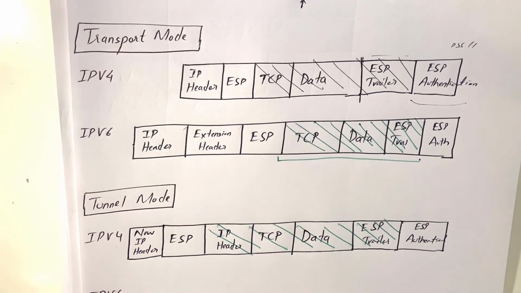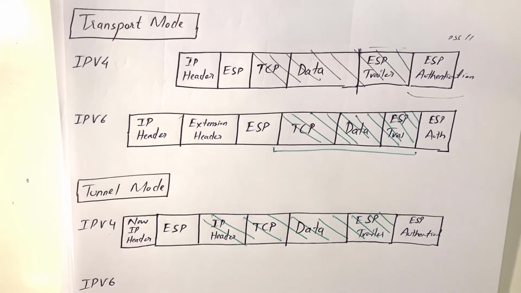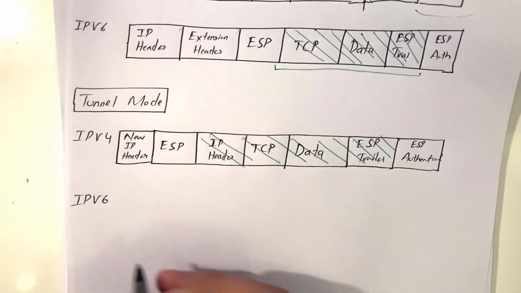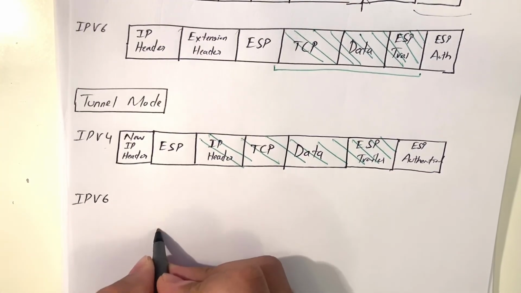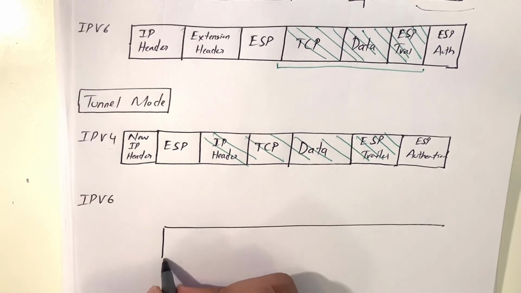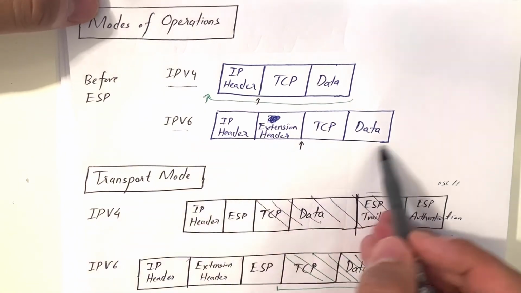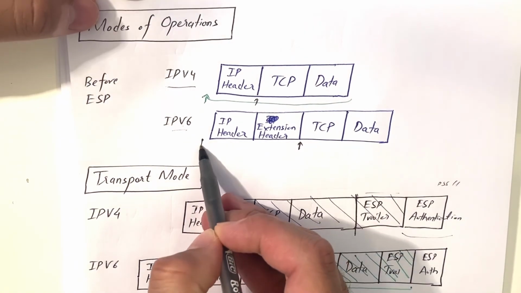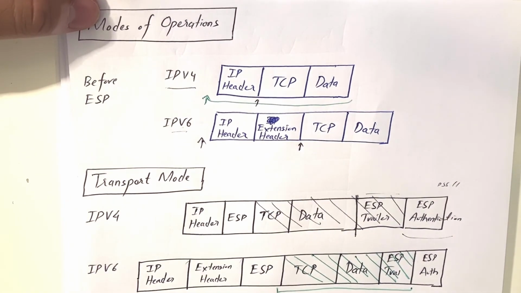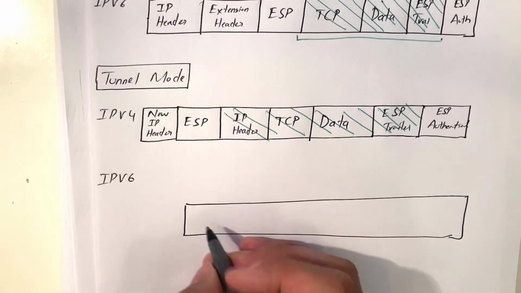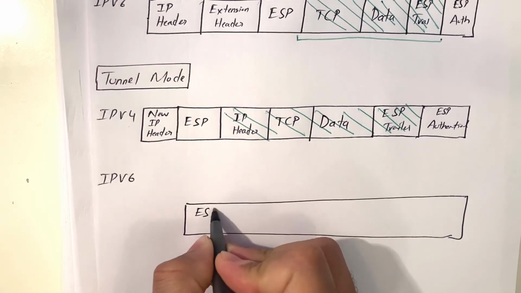Now, what will happen in IPv6? It's a slight extension. As you know, in IPv6, the overall packet will get encrypted, and we will put the ESP before this. So the ESP will come here.